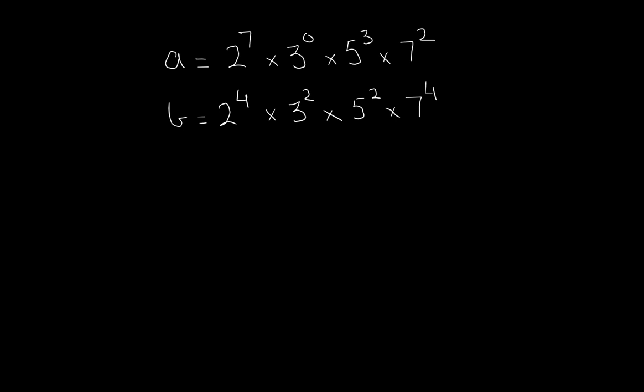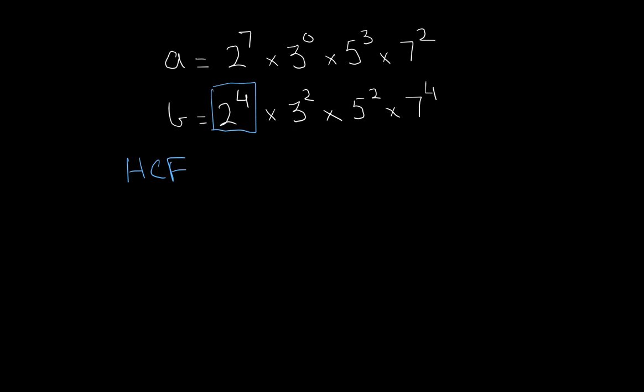Now note, in the HCF, we are picking out the highest common factors, so we always pick out the least power, right? The HCF part is going to be blue. So it's going to be 2 raised to the power 4, because 4 is smaller than 7 if I look at 2's.